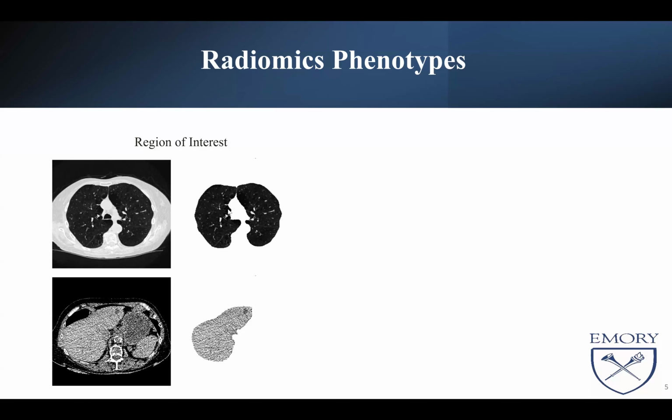For example, for the shape features, it extracts the volume, the sphericity, the elongation, and so many other shape features from this organ. Then it also extracts intensity features, that is the mean intensity value, the median intensity value, the percentile, and several first order features.